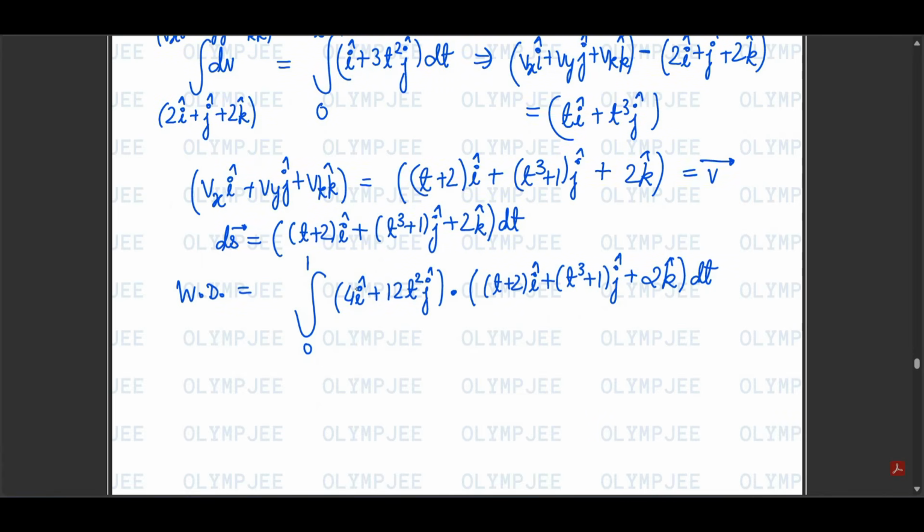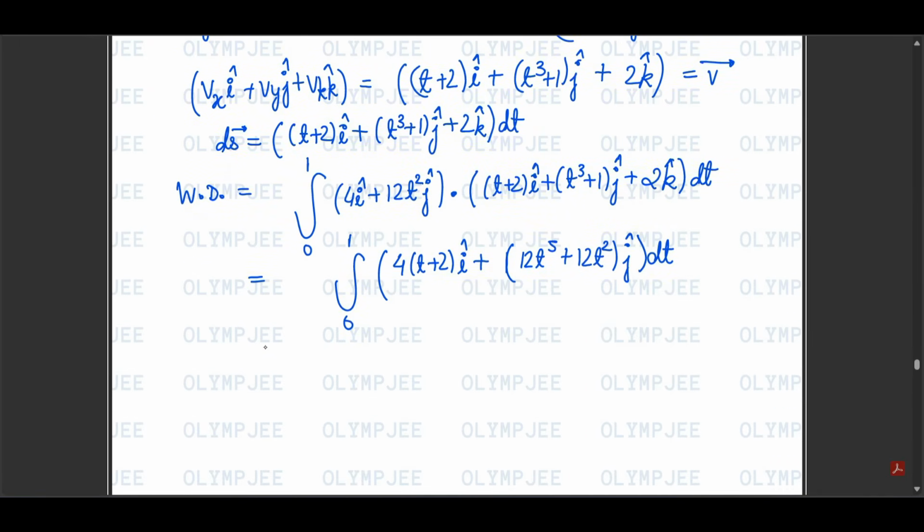If we take the dot product, it will give us from 0 to 1, 4t plus 8 plus 12t raised to power 5 plus 12t square. Since there is no k component in the force, 0 multiplied by 2 gives 0, so I am not writing it. Since we have taken the dot product, the i and j won't be there, sorry.